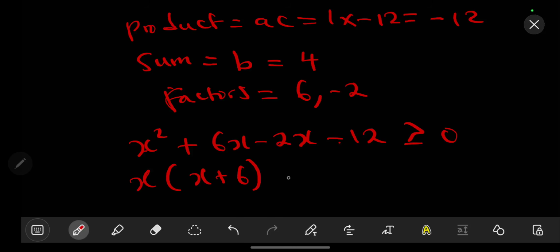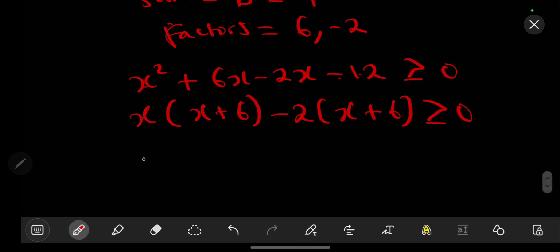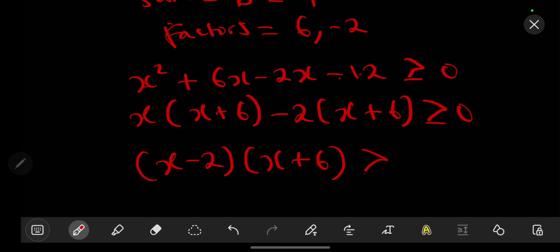Then here negative 2 is common, so minus 2, open brackets, we remain with x, then 12 divided by negative 2 is plus 6, greater than or equal to 0. So what we have is x minus 2 and x plus 6 should be greater than or equal to 0.